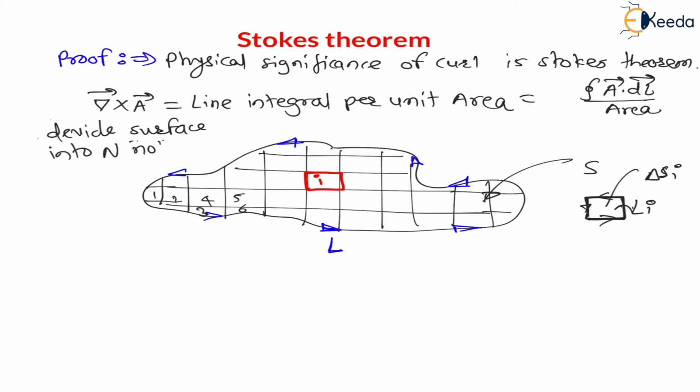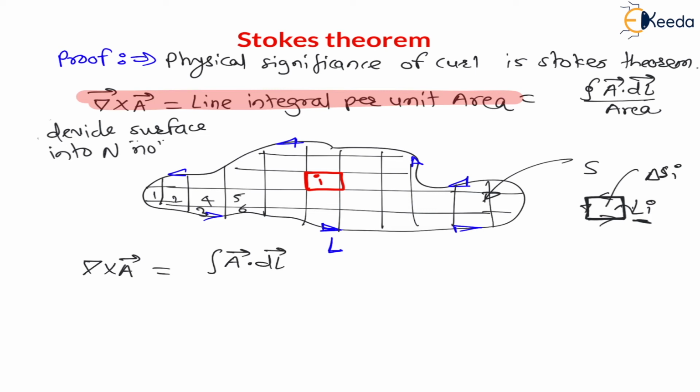Now my dear students, for this very small surface, how can we write the physical significance of curl? The curl, del cross A, for a very small surface is nothing but line integral per unit area. Therefore it is the line integral over Li of vector A dot dl, divided by the area.